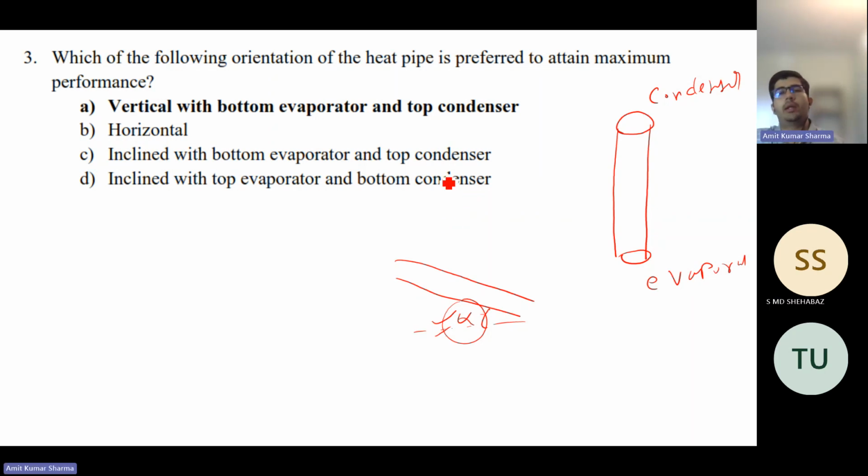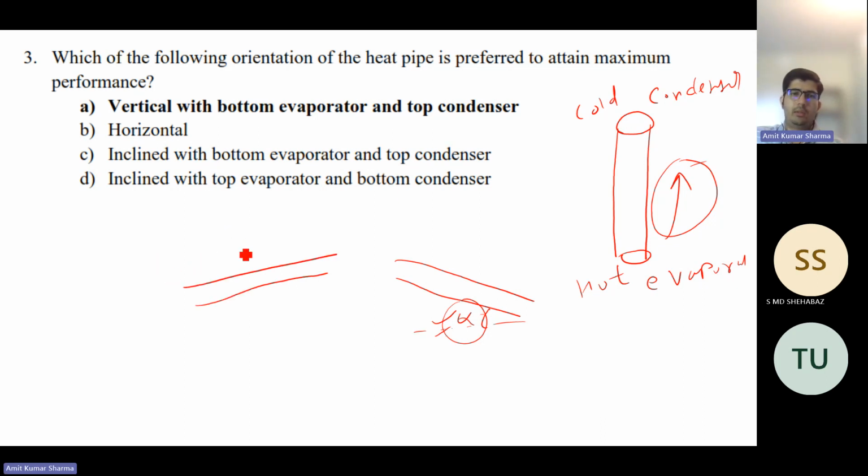Okay, but what is the benefit of putting it like this? Because one end is the hot end and one end is the cold end, so heat will flow. Yes, sir. If your heat pipe is horizontal, then also heat will flow. But what will change when you put it vertical?